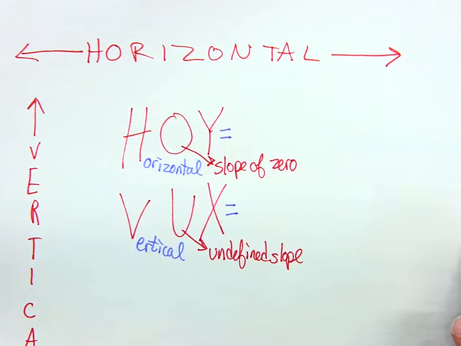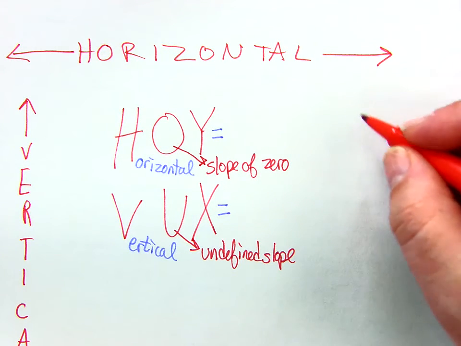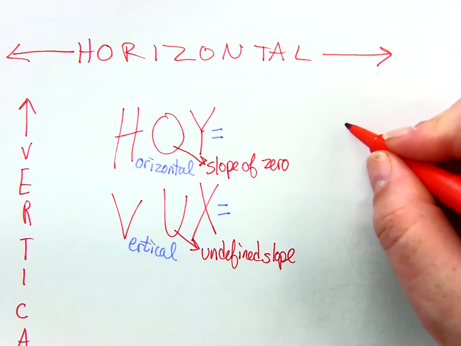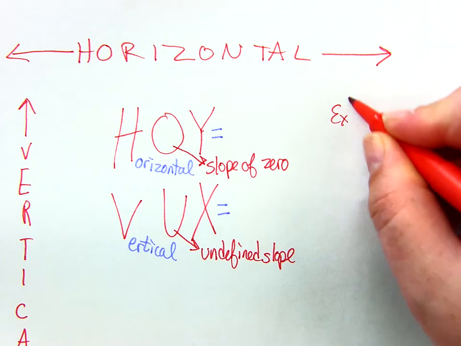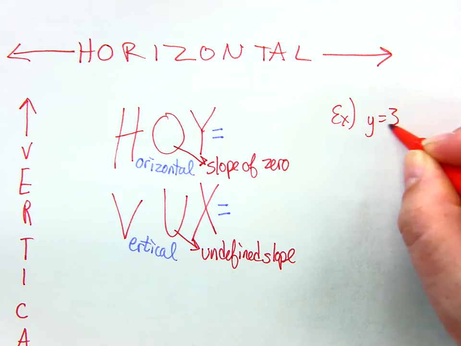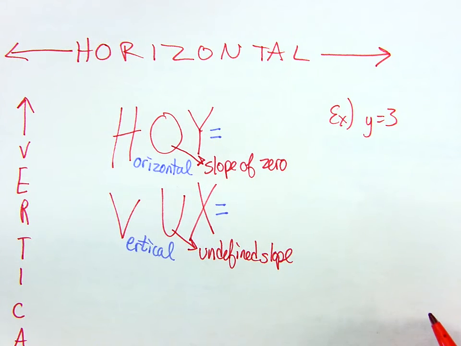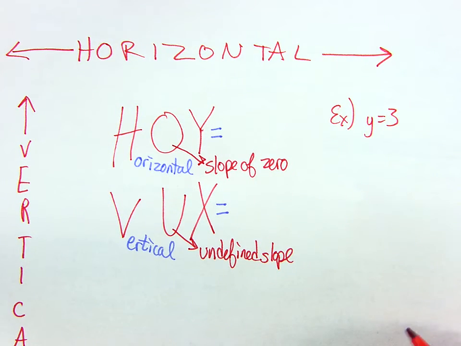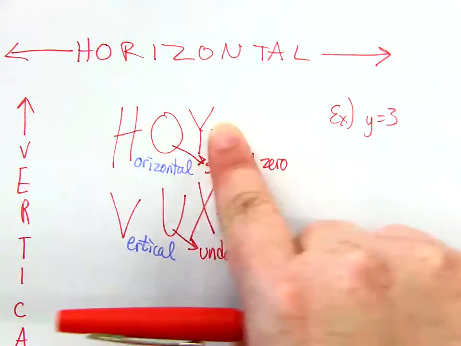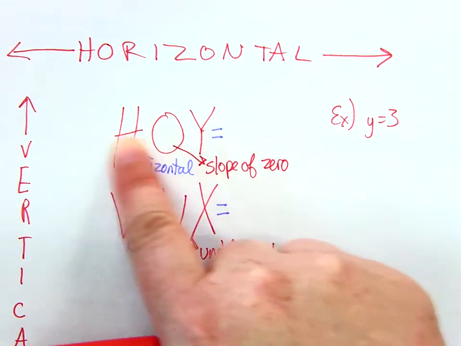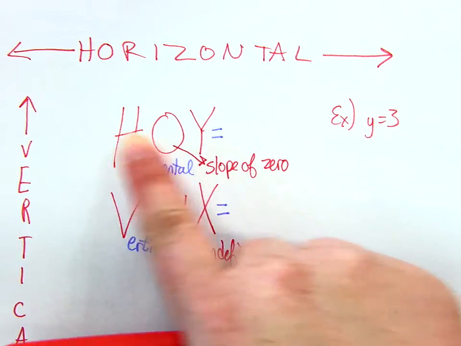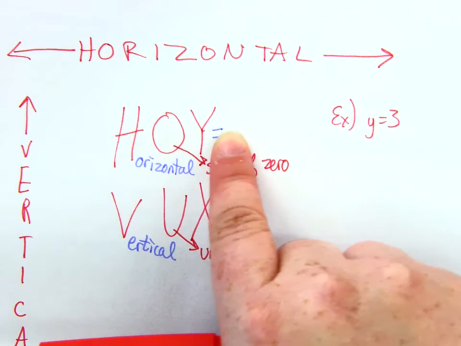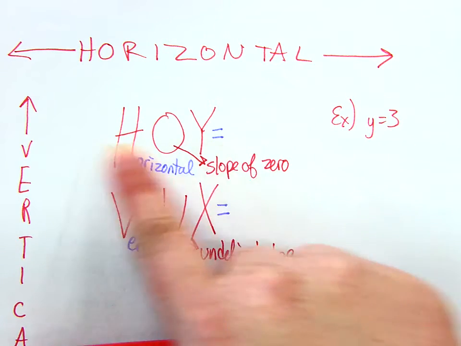Let's say I gave you an equation that was something like, I don't know, let's say y equals 3. Because this is a y equals, I'm dealing with HOY. If I were going to graph this, this also tells you what that graph would look like. What would the graph look like?